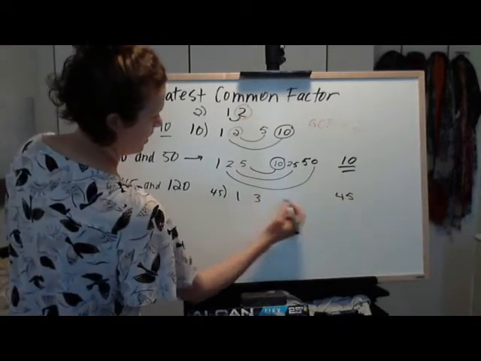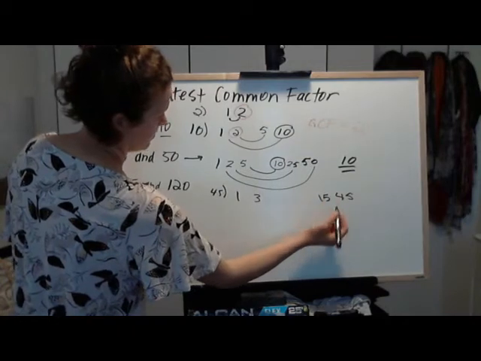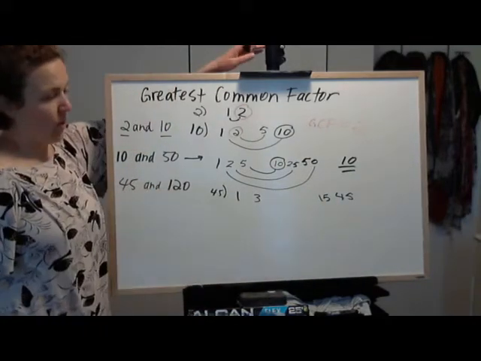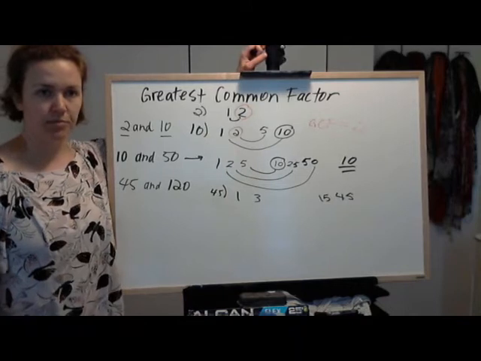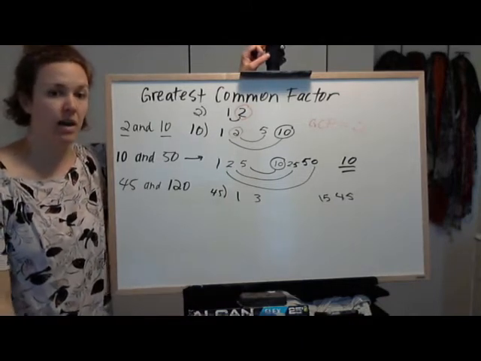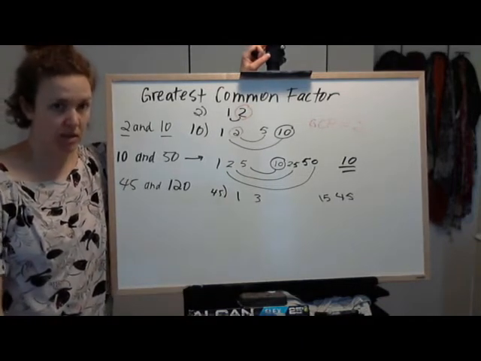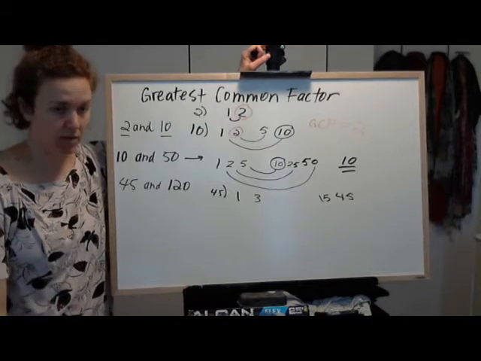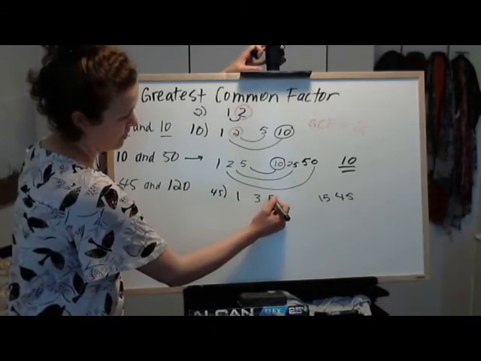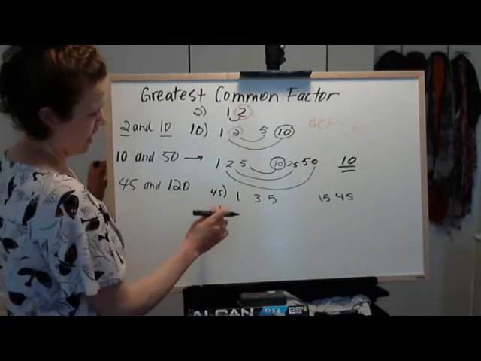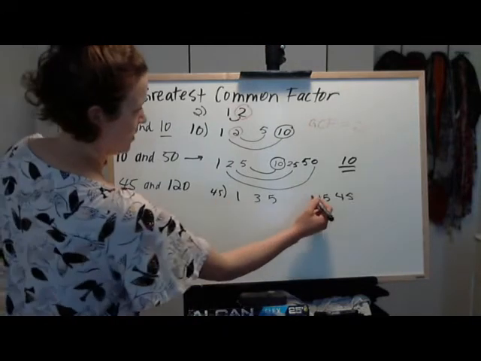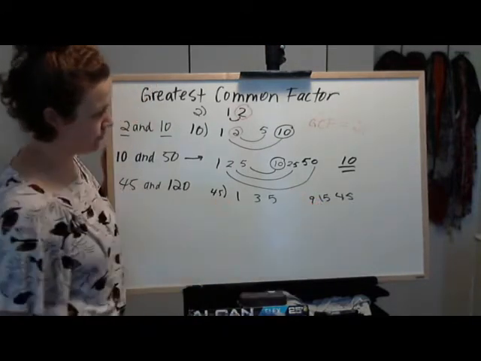So 3 and 15. 4, no. 4 times 11 is 44. 5, yes, any number that ends in 0 or 5 is divisible by 5. And from my multiplication facts, I know that 5 times 9 is 45.